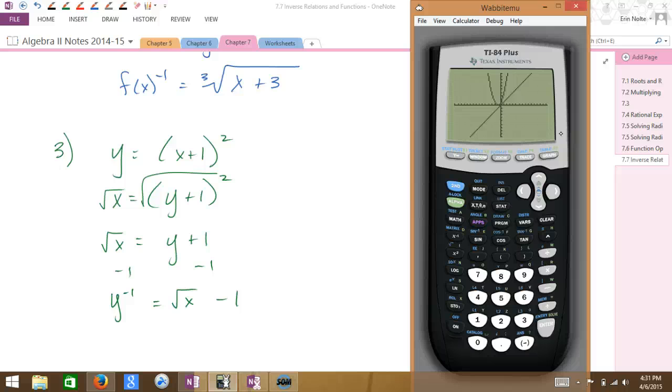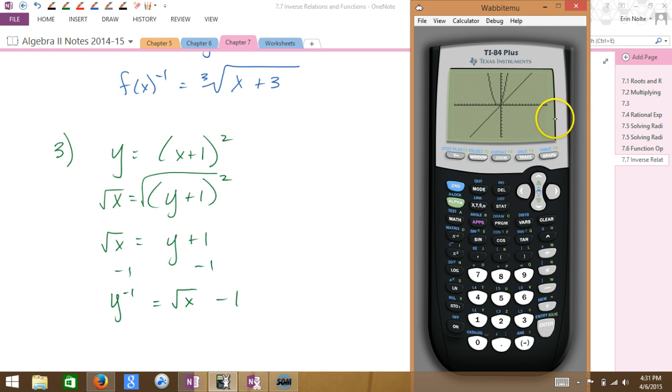Hopefully what you're going to see is that since the bottom of that parabola crosses right on the x-axis at -1, that -1 intercept is now going to become a y-intercept on the inverse function. So the parabola is going to be kind of tilted on its side and turned like this.